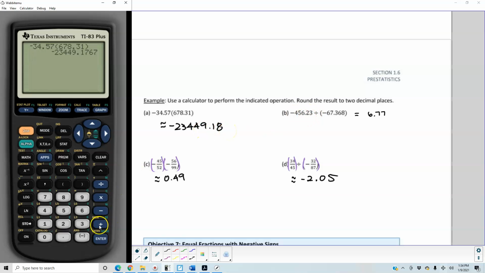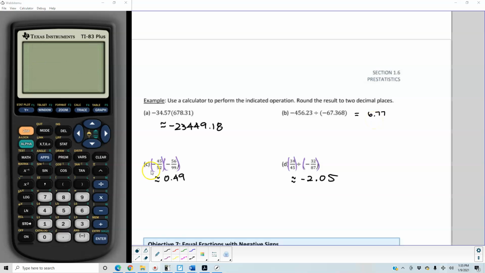Next, we have negative 456.23, and we're dividing that by parentheses negative 67.368, and close the parentheses. So we're going to get 6.77, and the 2 tells us that we keep the same number at 7, so the answer is 6.77.